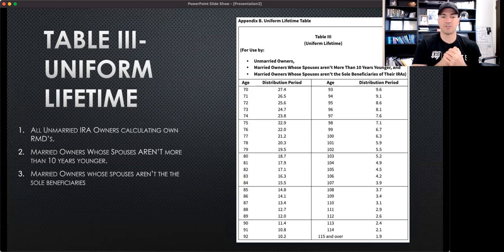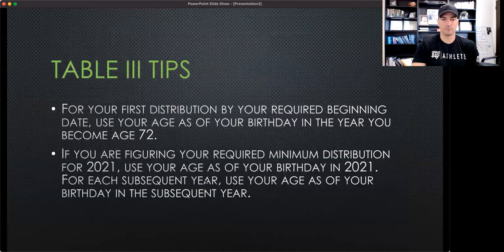Married owners whose spouses aren't the sole beneficiaries. So if you have an IRA, or 401k or whatever those accounts are that we described before, and say you chose kids as your sole beneficiaries, it's not your spouse, that's when you'll use this table as well. Table 3 tips. For your first distribution by your required beginning date, use your age as of your birthday in the year you become 72.